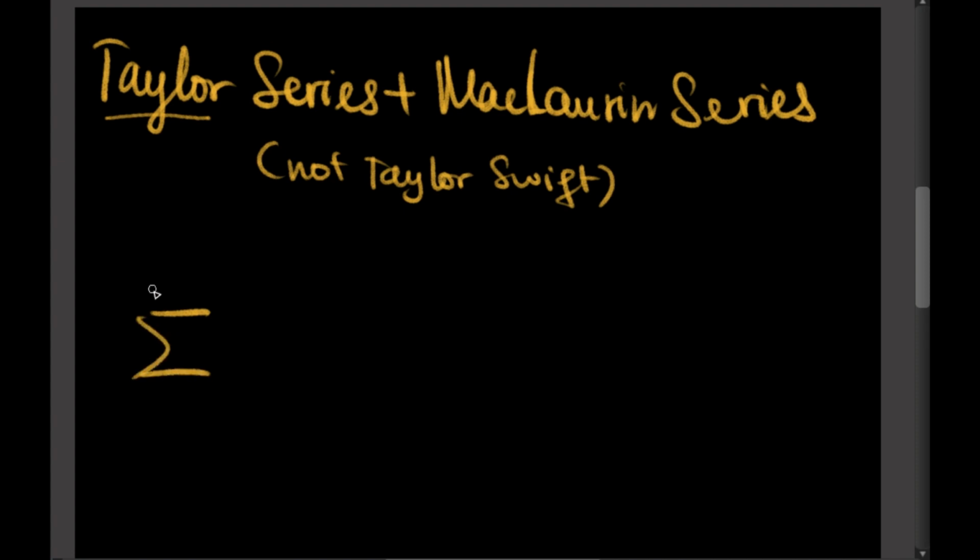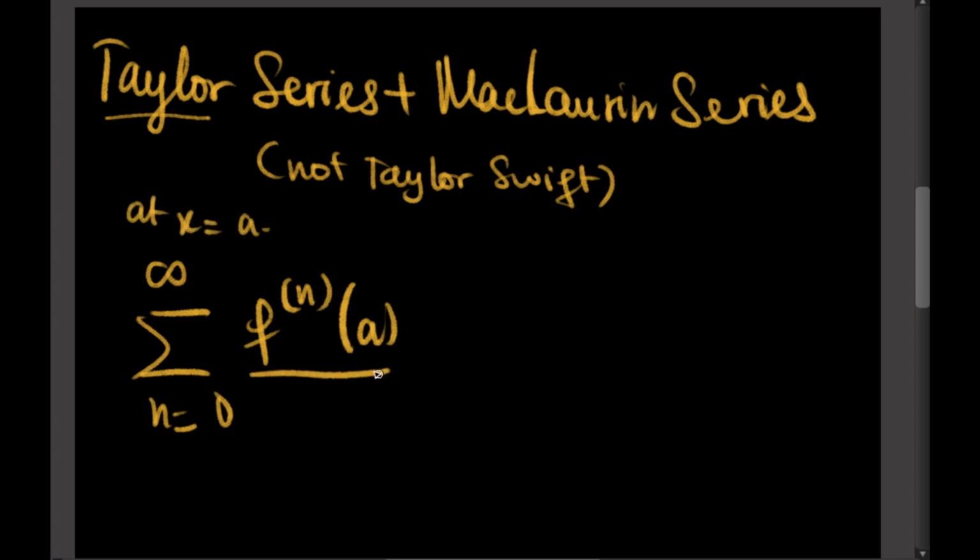It's the sum of the nth derivative of f(x) at x equal to a, divided by the factorial of n, multiplied by (x minus a) to the power of n.